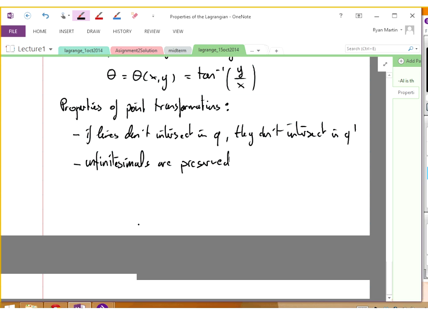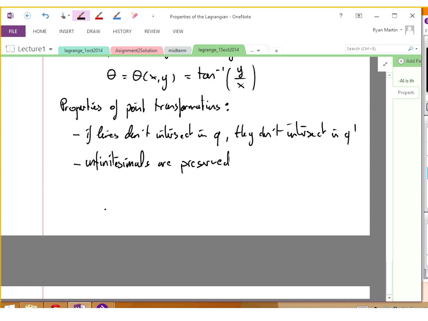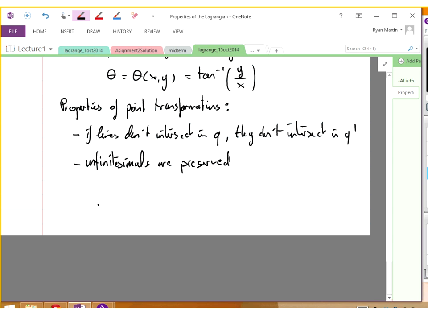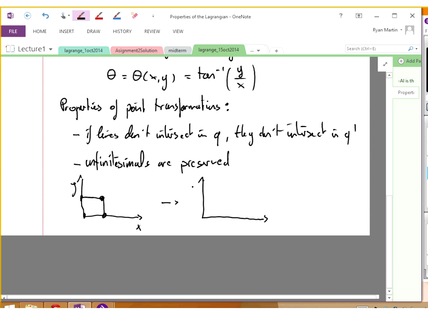So there's an example in the notes where you have a rectangle, or I guess it's a square, in Cartesian coordinates. If you map that into polar coordinates, and you draw the polar coordinates as two axes, then you'll get some sort of shape that looks like this.